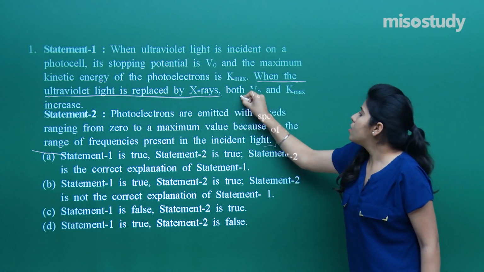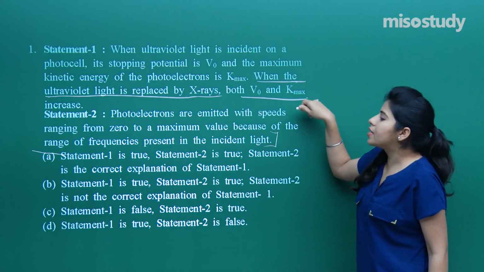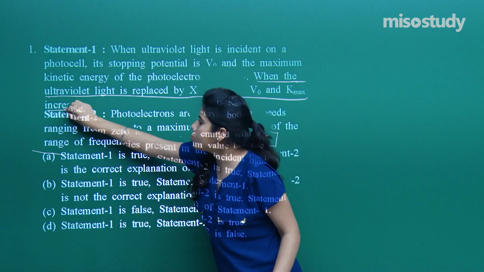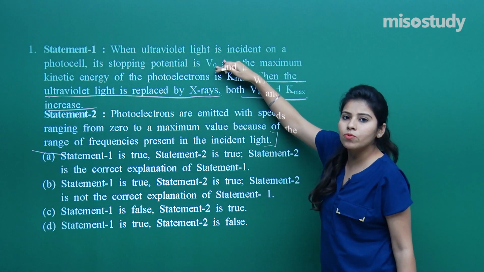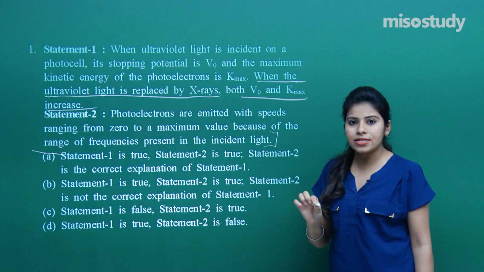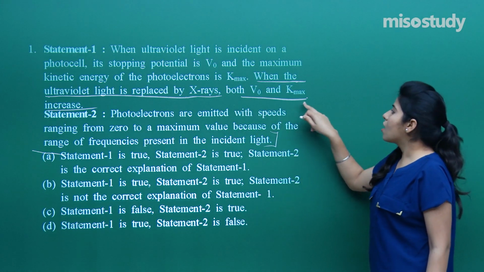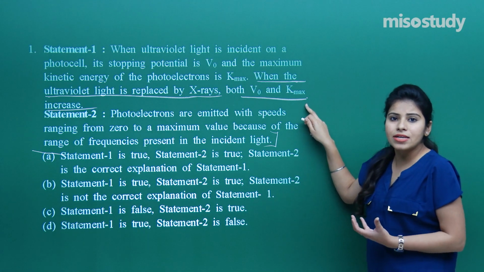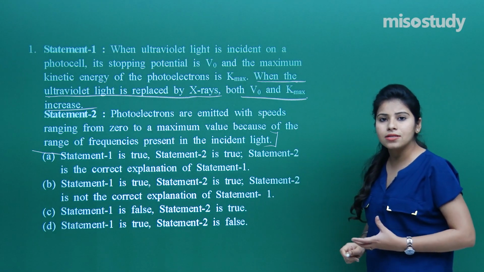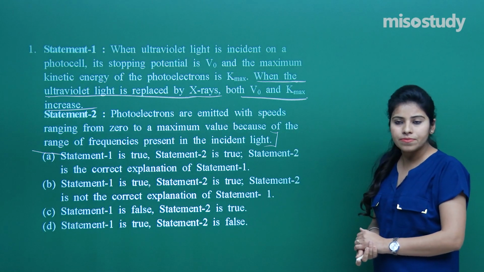They are saying that both V0 and K max increase. According to them, on replacing the ultraviolet light by X-rays, V0, the stopping potential, and K max, the kinetic energy of the photoelectrons, will increase. Let us see whether this statement is true or false.